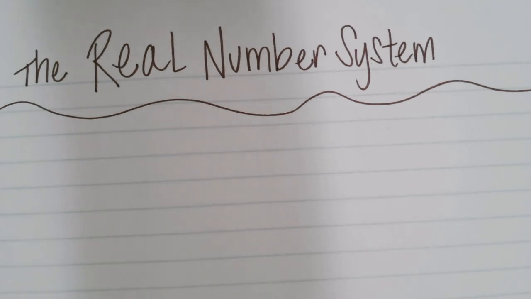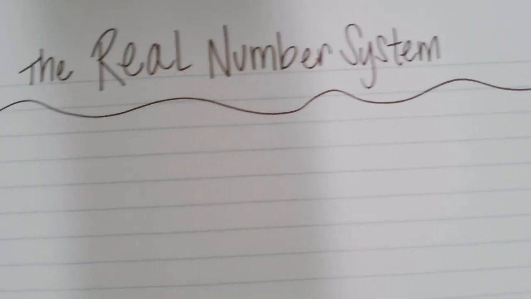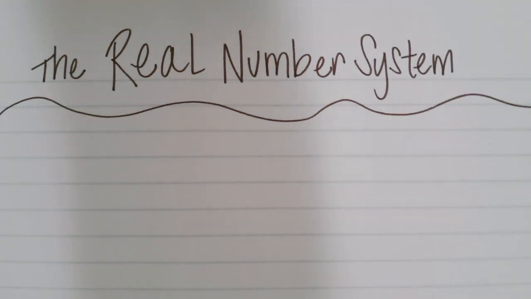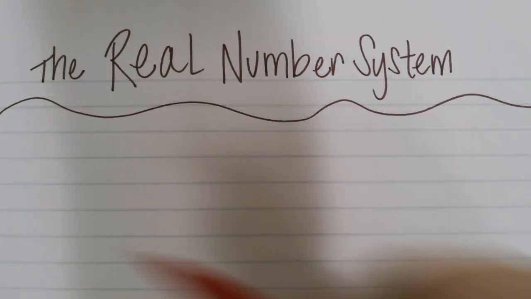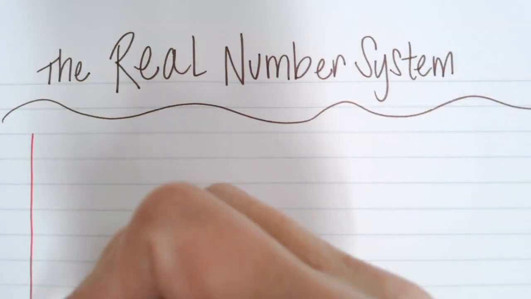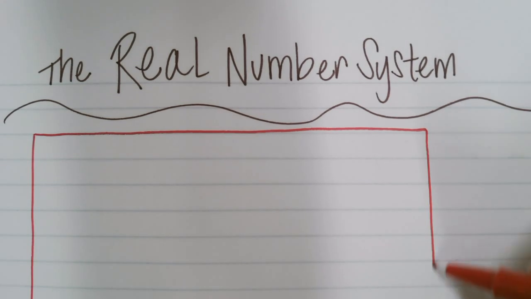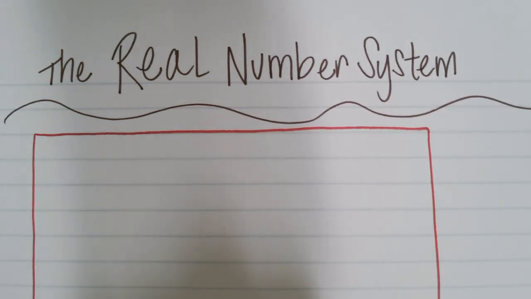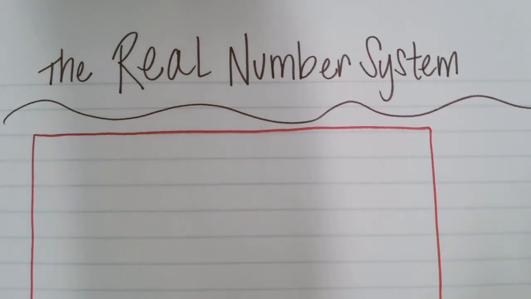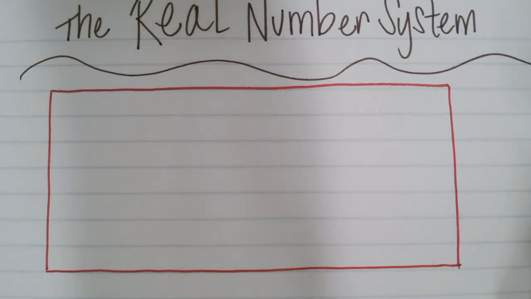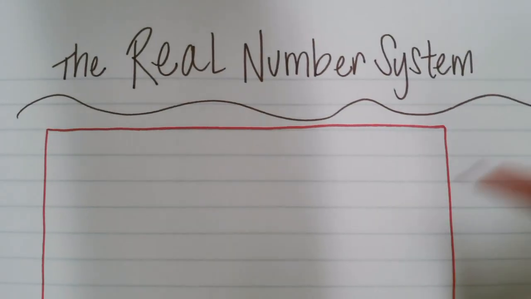All right, so what we're going to do is make a chart or a graphic to help you with the real number system and what kind of numbers would go into each category. So first up, I'm going to start with a giant rectangle here. And this giant rectangle is going to represent the real numbers.